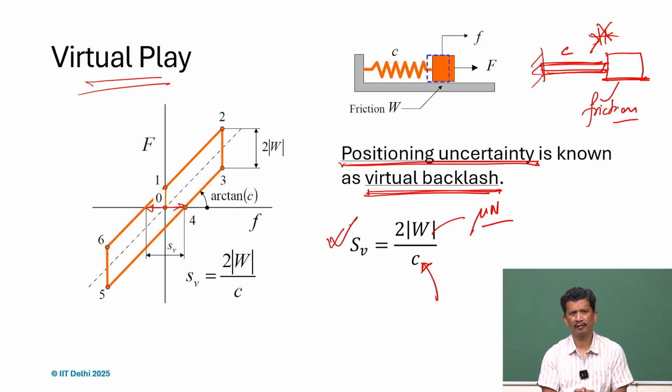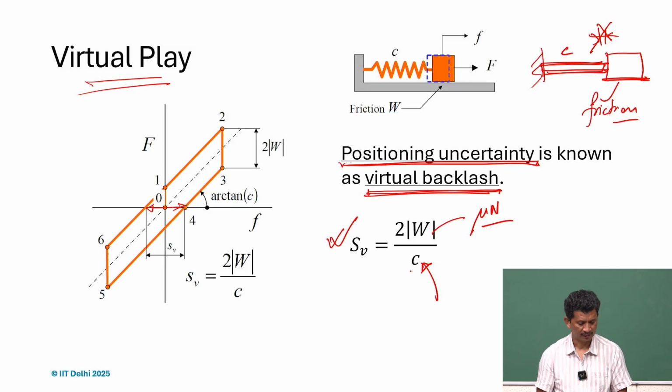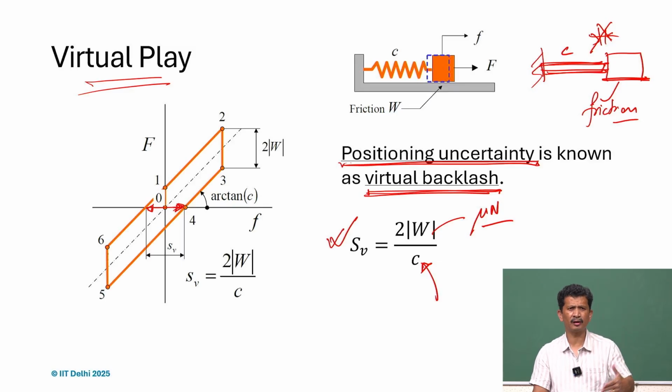We will always have that backlash, and that's why it's called virtual play or virtual backlash, and that is equal to 2 times your friction value divided by the stiffness. So that is the amount we are talking about. And this is something which is detrimental if we want to achieve precision.